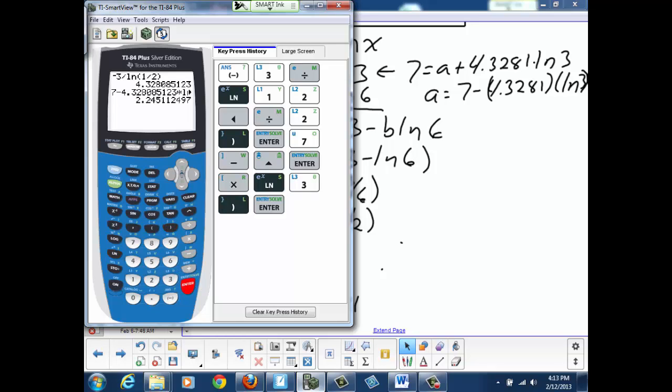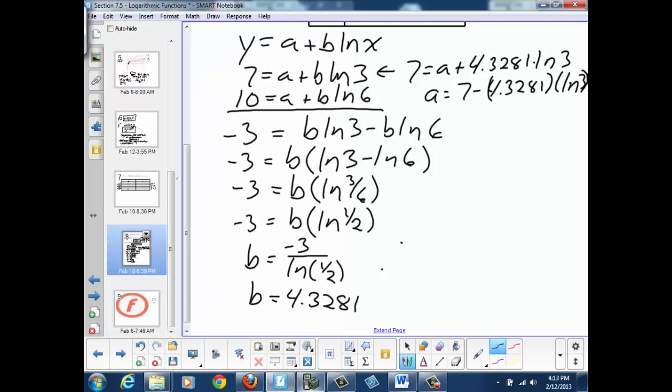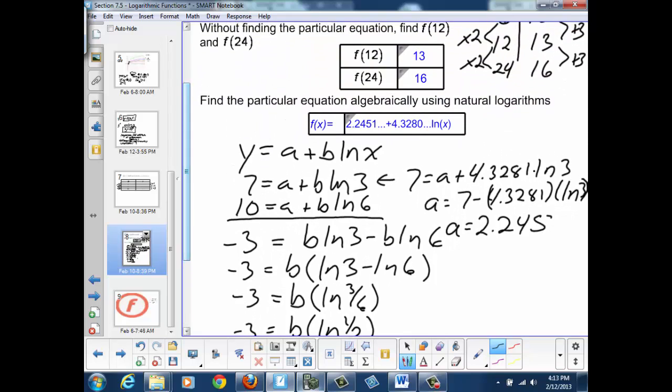And that turns out to be 2.245. So a is equal to 2.245. And if we're going to check that, let's see what we've got here. Yes, f(x) is 2.245 plus 4.3281 ln x. Success.